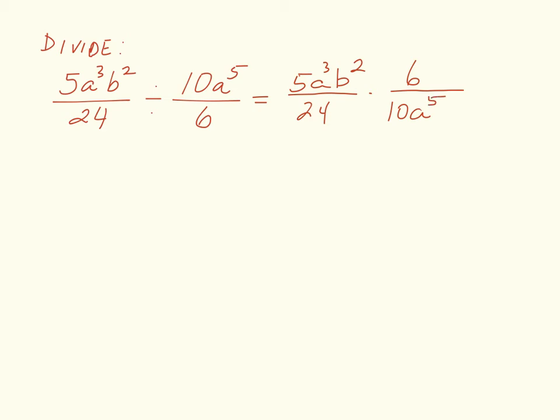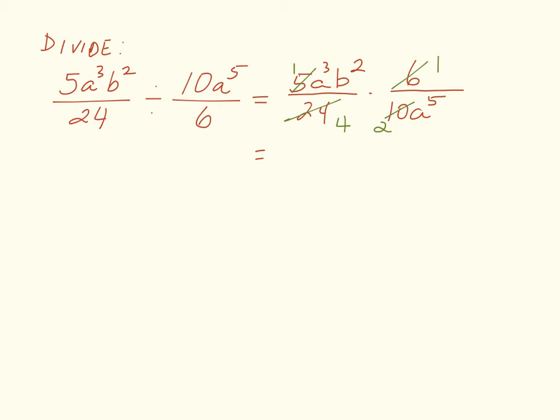All right, so let's see. We now have, if you want to multiply it, you can, but you can go ahead and simplify by canceling, for instance, the 5 with the 10. This 5 becomes a 1, and this 10 becomes a 2. Then the 6 divides into 24 4 times, and this becomes a 1.